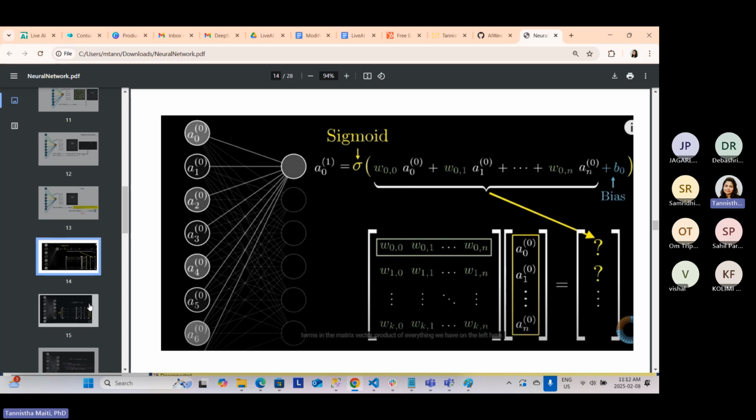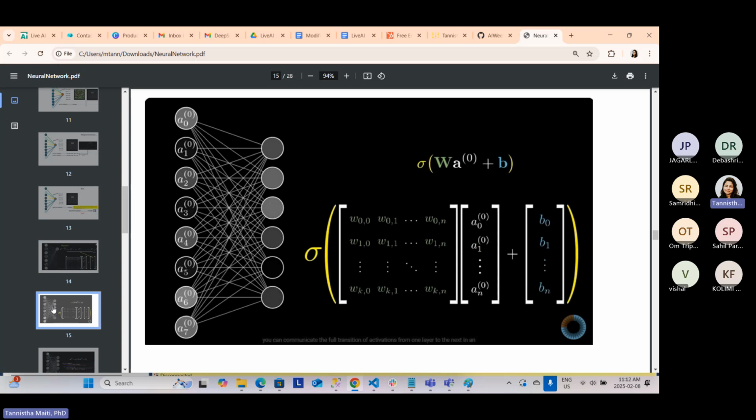Now that we have all these things established in terms of a matrix multiplication, you can write it as weight and then activation along with those biases. And now that we have established this equation, we will go forward with the feed forward training.